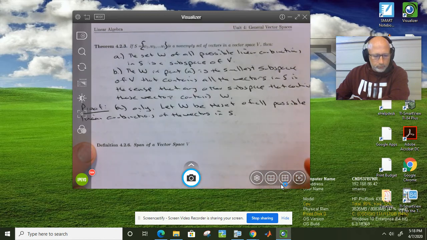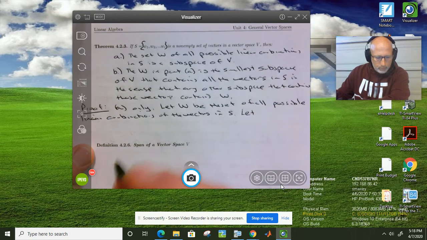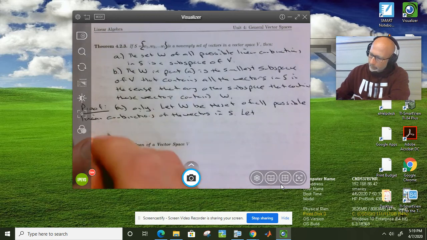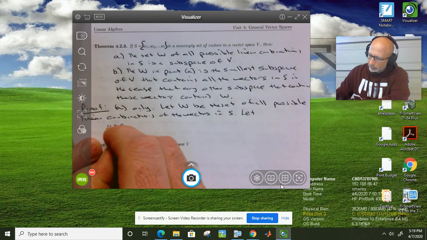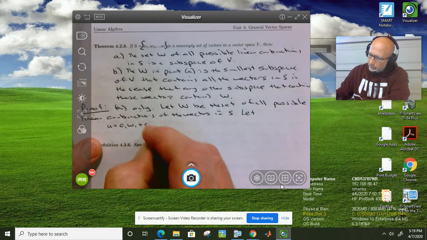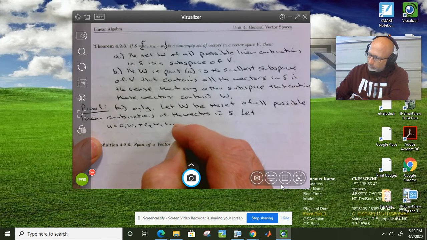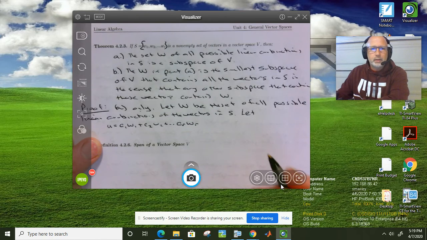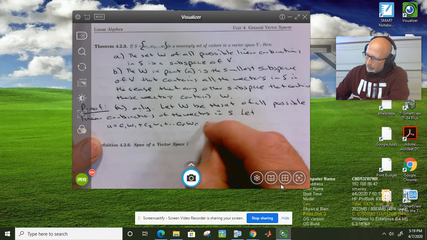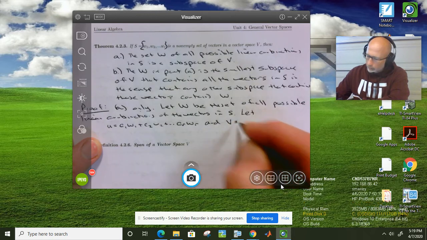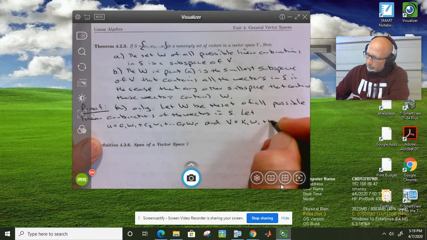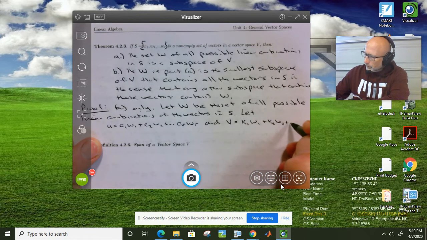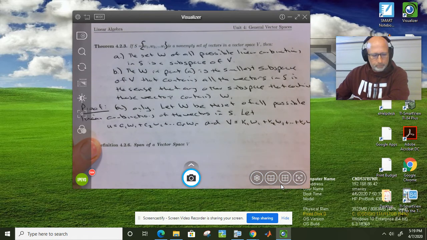So we just have to show that it's closed under scalar multiplication and addition, but once again, we're only going to do addition. So we're going to let U be equal to C1W1 plus C2W2 plus all the way up to CRWR. That's just a linear combination of all those W's. And V be equal to K1W1 plus K2W2 all the way up to KRWR.